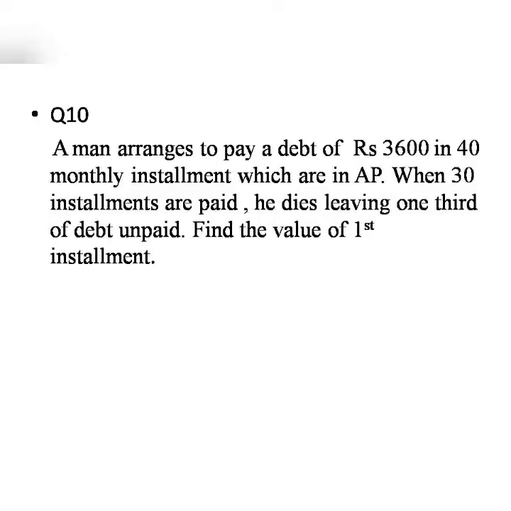Next question. A man arranges to pay a debt of rupees 3600 in 40 monthly installments, which are in arithmetic progression. When 30 installments are paid, he dies, leaving 1/3 of the debt unpaid. Find the value of the first installment.